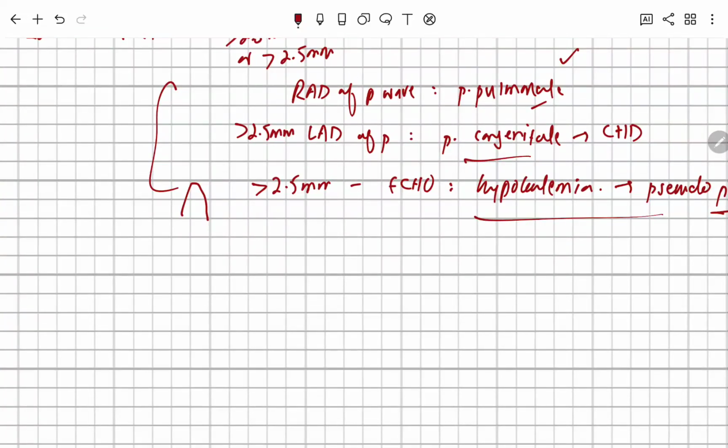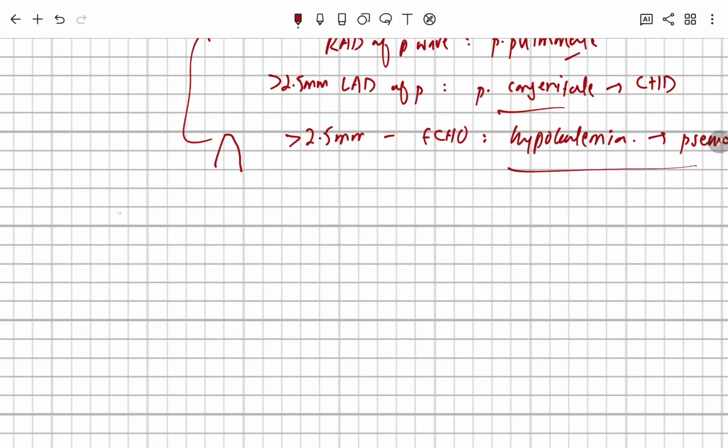And if we talk about normal morphology, there is a biphasic P wave present in lead V1. Why is it so? It is because of the right atrial depolarization. Right atria is anatomically present anteriorly, and left atria is present posteriorly, so lead V1 looks at this.